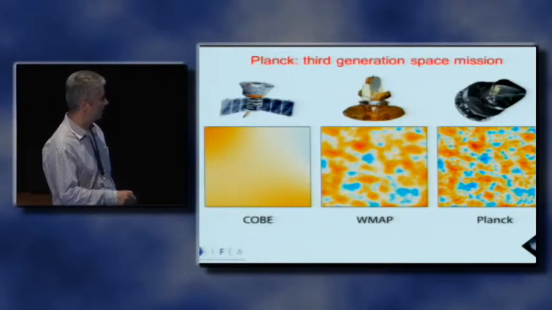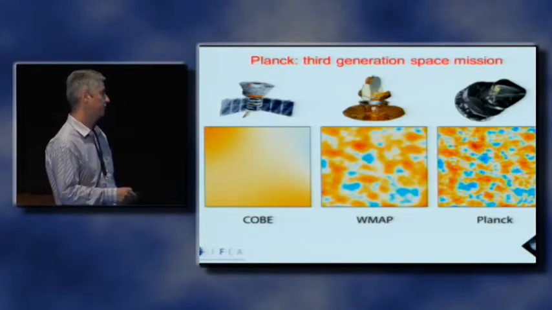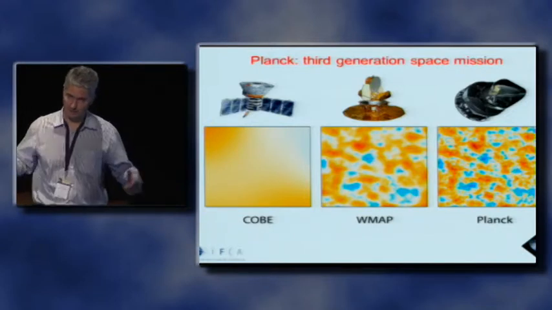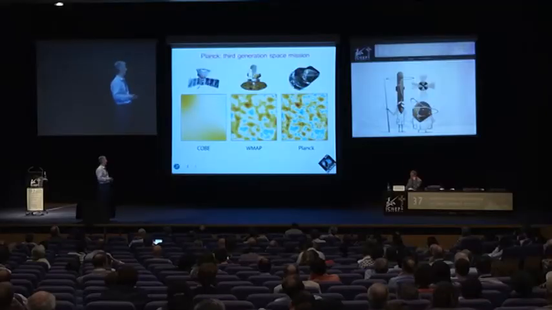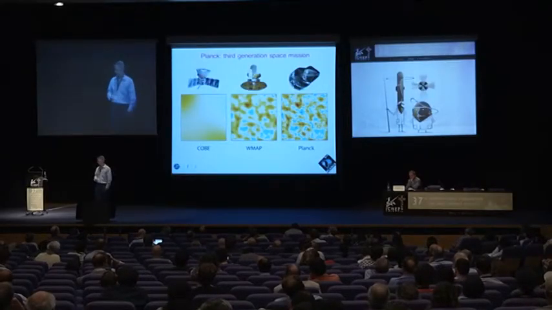Then WMAP improved in sensitivity and resolution and determined much better the whole spectrum of anisotropies. And finally, Planck, which is supposed to be the ultimate mission for temperature. So with Planck, the idea is that every piece of information that can be extracted from the temperature of the CMB is in fact extracted.